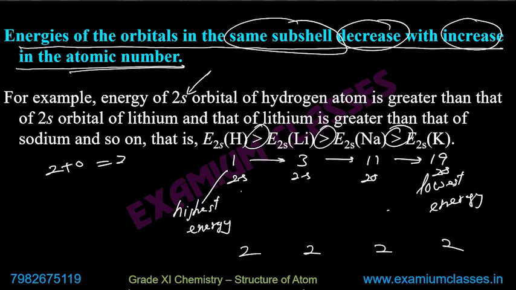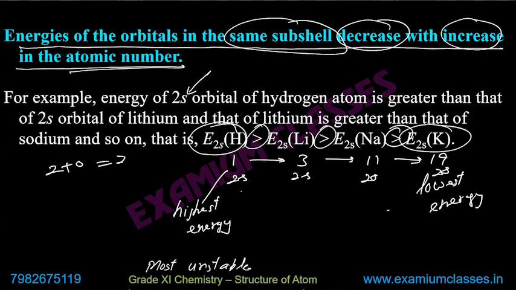It means the 2s orbital of hydrogen is, out of these four, the most unstable. Why? Because its energy is highest. And the 2s orbital of potassium will be the most stable. When I say most unstable, most stable, I am comparing only these four, not with other elements.